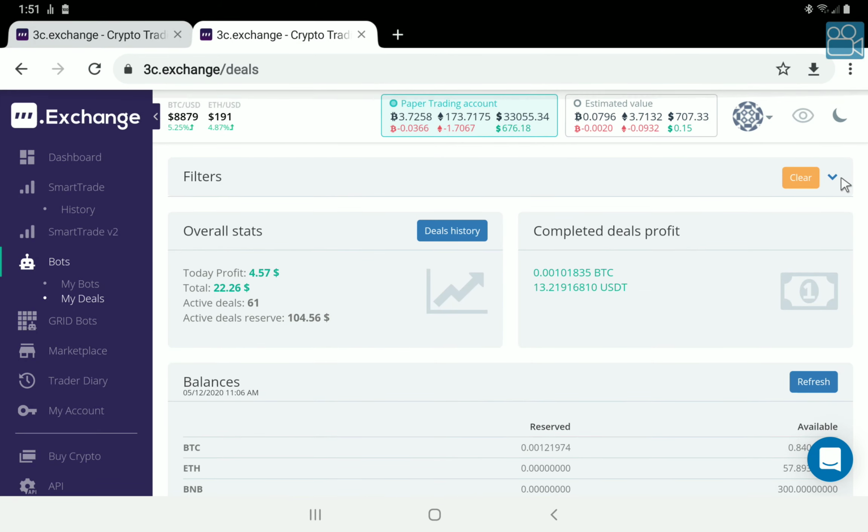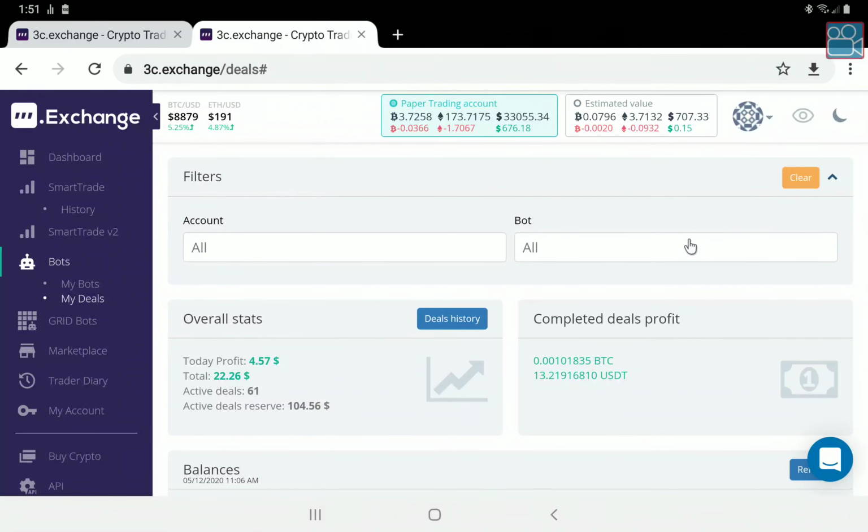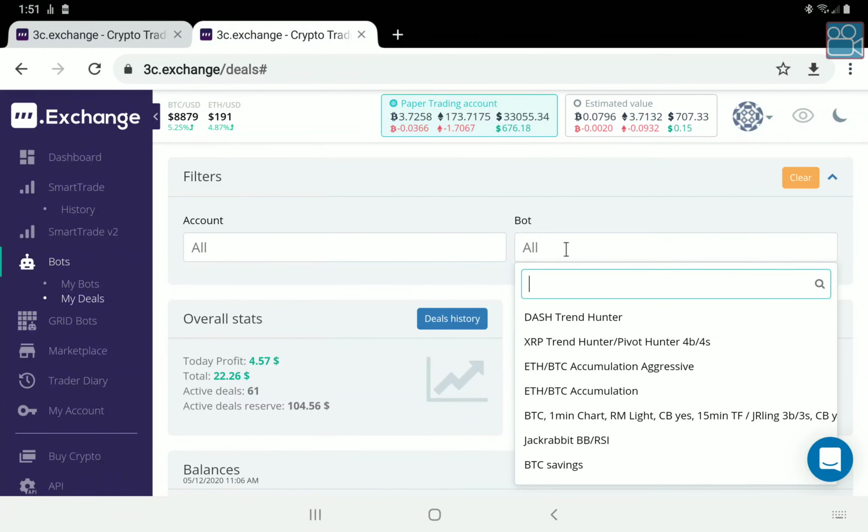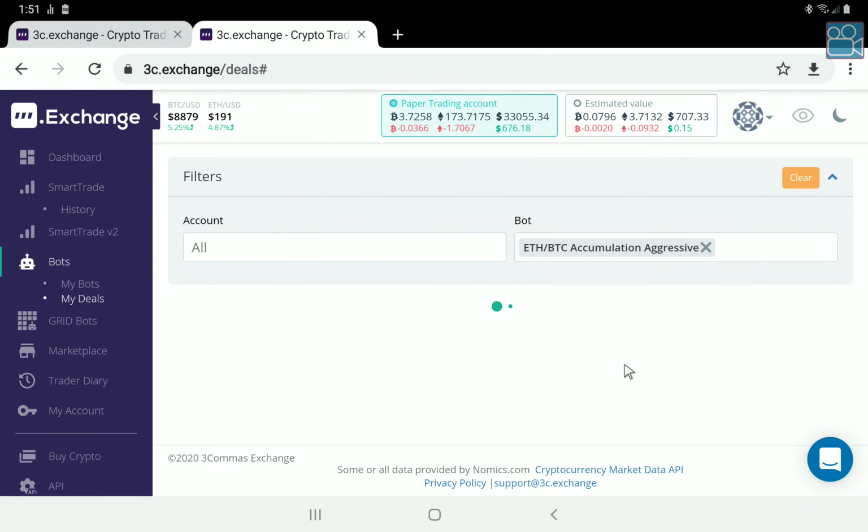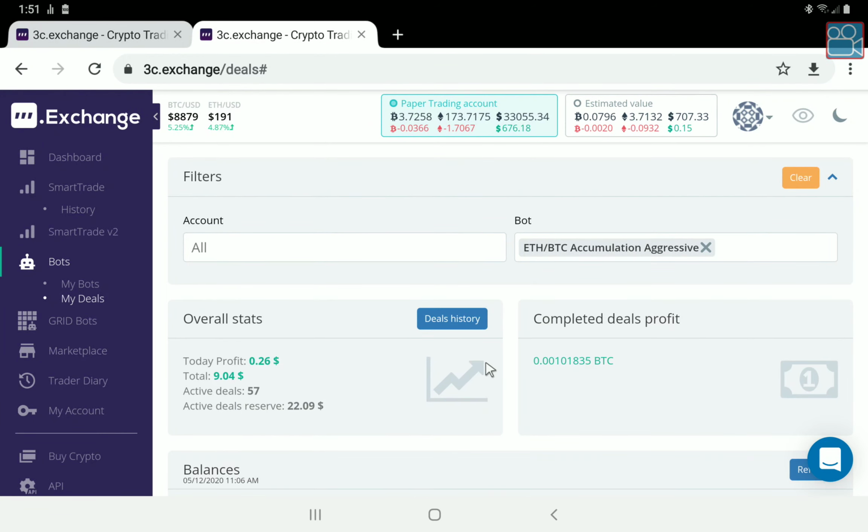Okay, so let's come up here. Let's filter out some of the nonsense. And let's go to the aggressive accumulation. I want to show you what those orders look like.